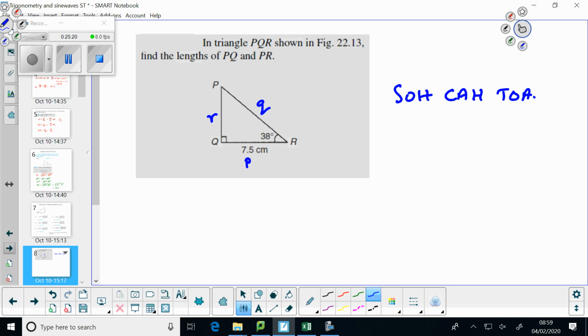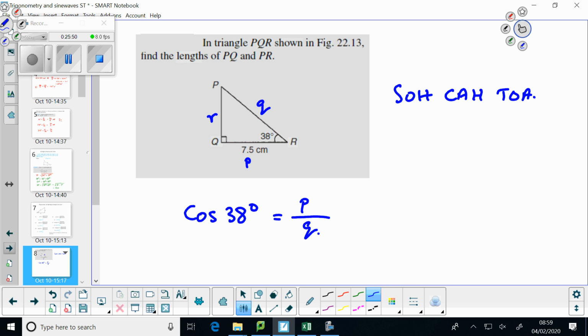Haven't forgotten it. Anyway, SOH CAH TOA will do fine. So we can use the cosine ratio to find this, because we can say cosine of 38 degrees is equal to the side little p divided by hypotenuse q.